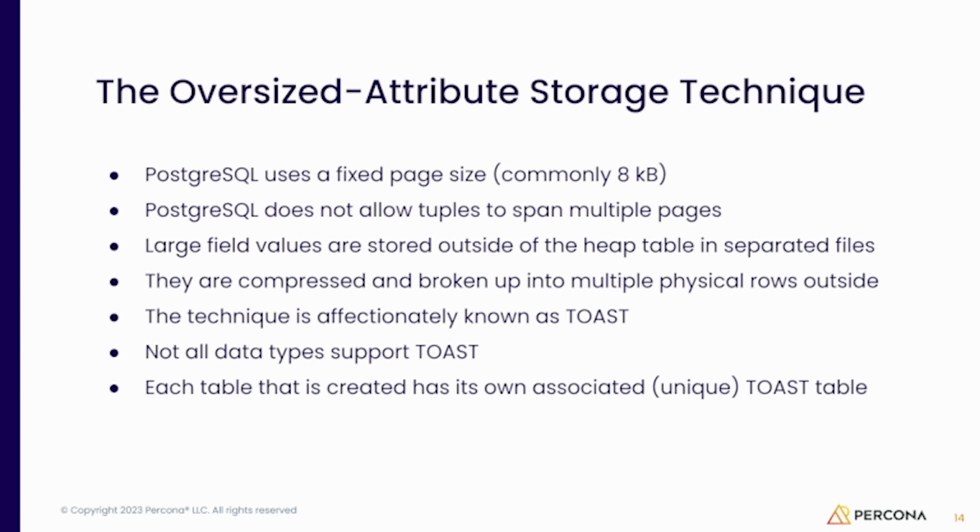Let's say we do have a user table, and we store the user picture, the photo, on the table. And the application only needs the login ID and password to do the login, right? It doesn't need any other information.